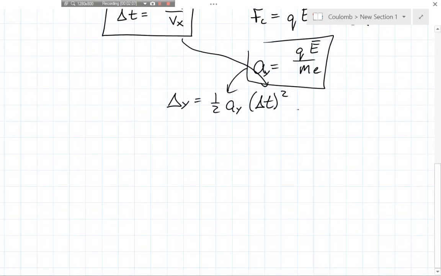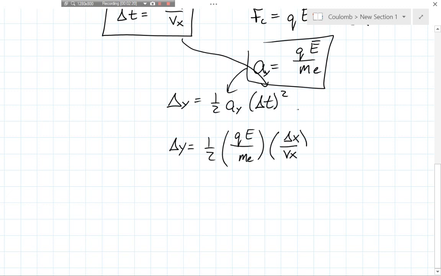So I see that delta y will be equal to 1/2 times the acceleration, which is eE divided by the mass of the electron, times delta t squared, which is delta x divided by Vx, all squared.